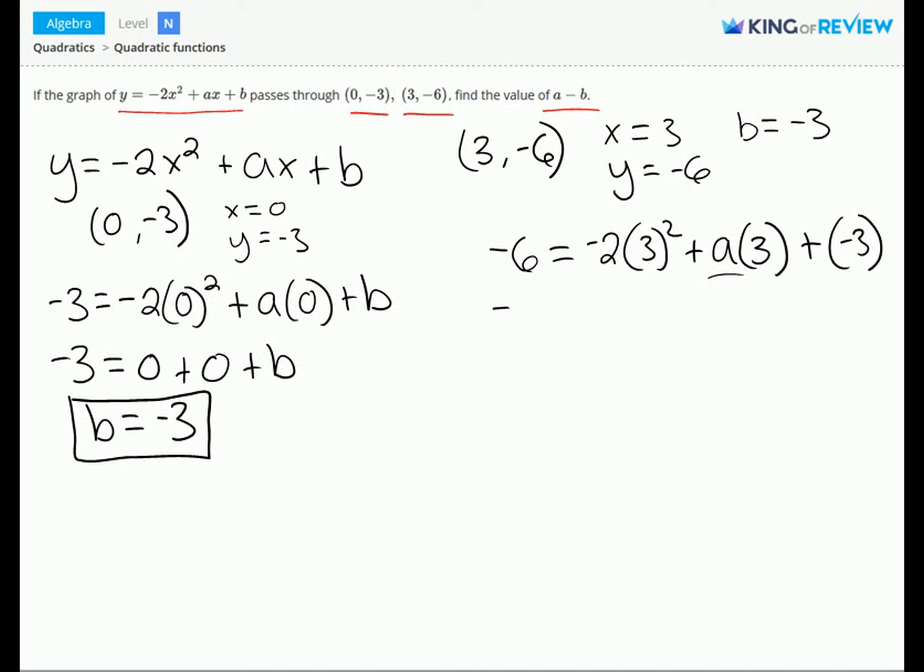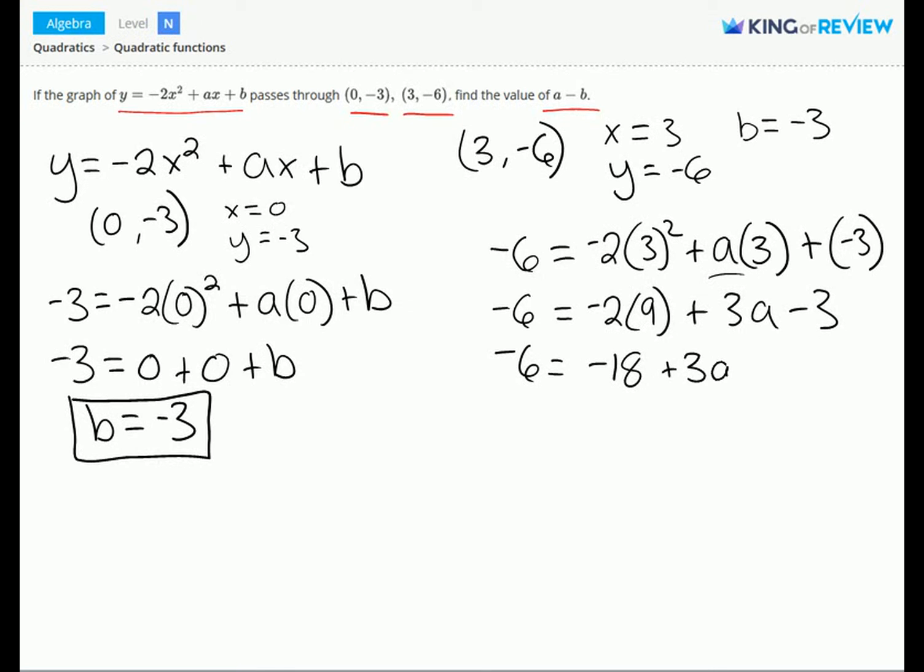This gives us negative 6 equals negative 2 times 9 plus 3a minus 3. Negative 6 equals negative 18 plus 3a minus 3. Negative 6 equals negative 21 plus 3a.